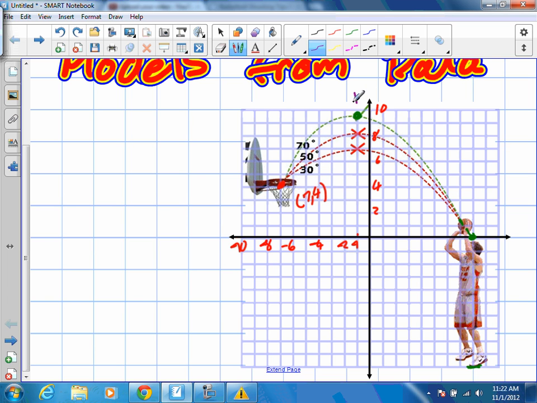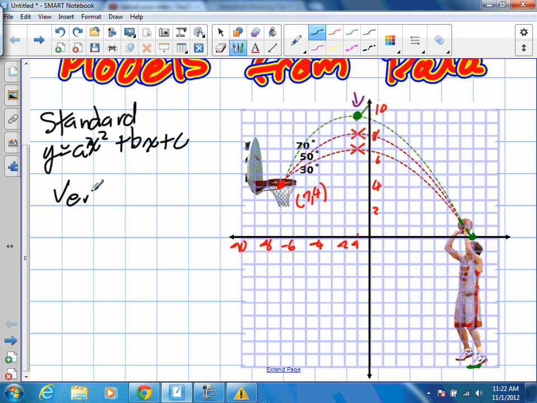So, of the 3 forms we know, we have standard form, which is y equals ax squared plus bx plus c. We have vertex form, y equals a(x minus h) squared plus k.